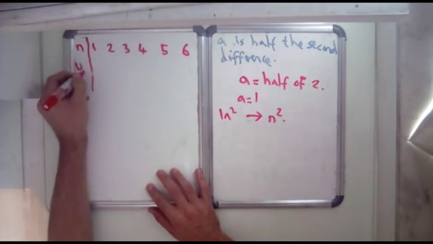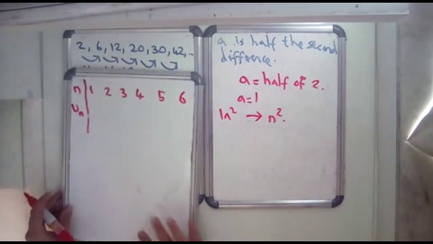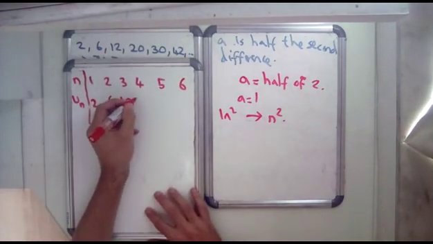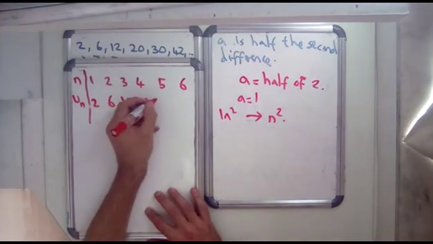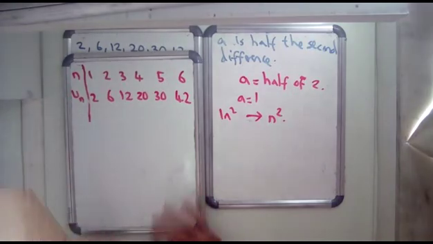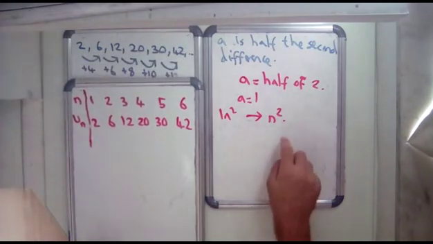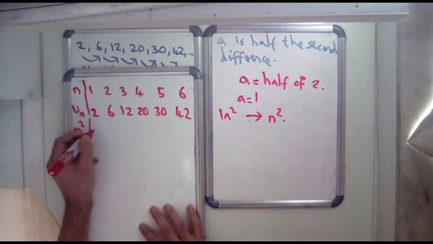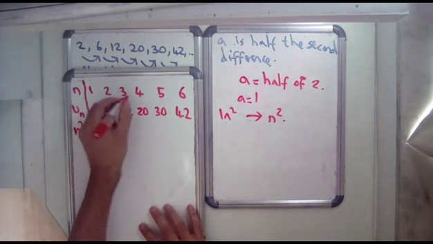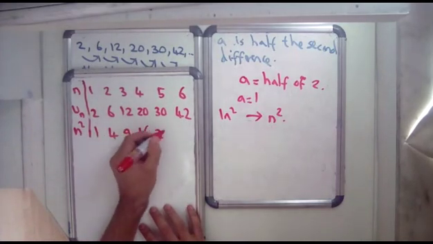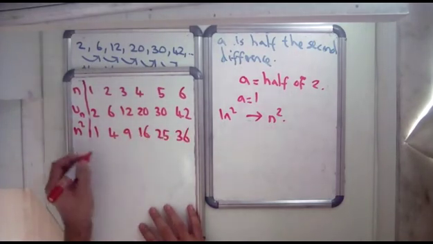And then I could have un, as in what's the actual sequence? Well, it was 2, 6, 12, 20, 30, and 42. I'm going to now write out the sequence n squared, which means whatever n is, I square it. So 1 squared is 1, 2 squared is 4, 3 squared is 9, 4 squared is 16, 5 squared 25, and 6 squared 36, right?